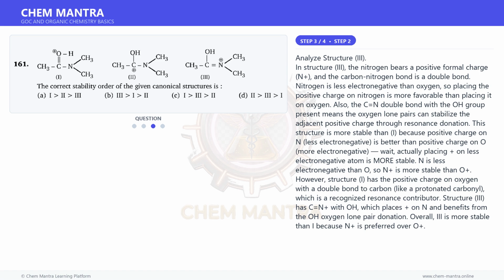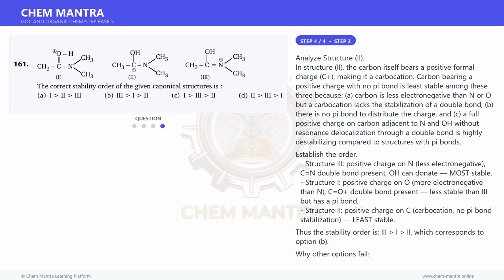However, structure I has the positive charge on oxygen with a double bond to carbon, like a protonated carbonyl, which is a recognized resonance contributor. Structure 3 has C=N+ with OH, which places plus on N and benefits from the oxygen lone pair donation. Overall, 3 is more stable than I because N+ is preferred over O+.